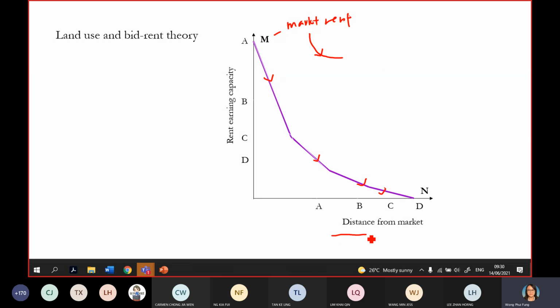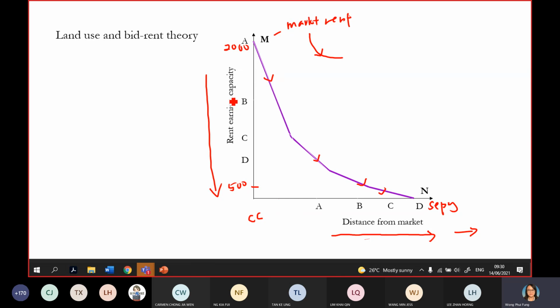Because the further away from city center, here Sepang, your rental starts to fall. So that's why at Sepang, your rental may be only 500, but if you are at KLCC, your rental could be 2,000.